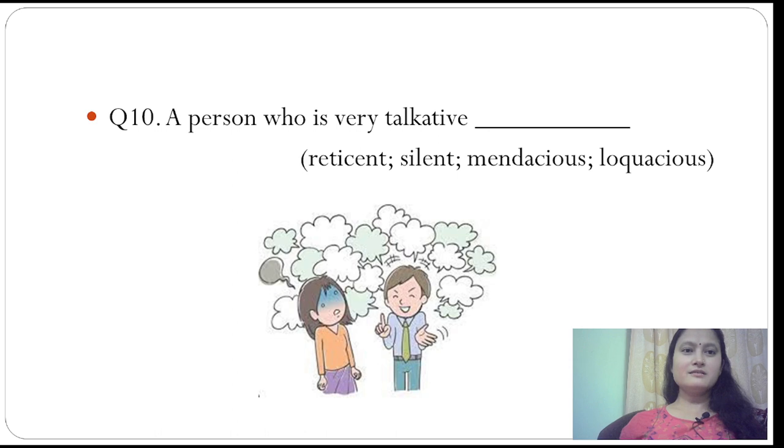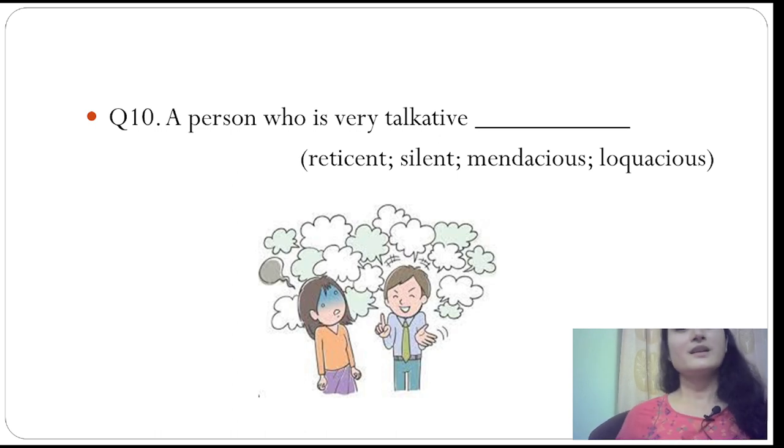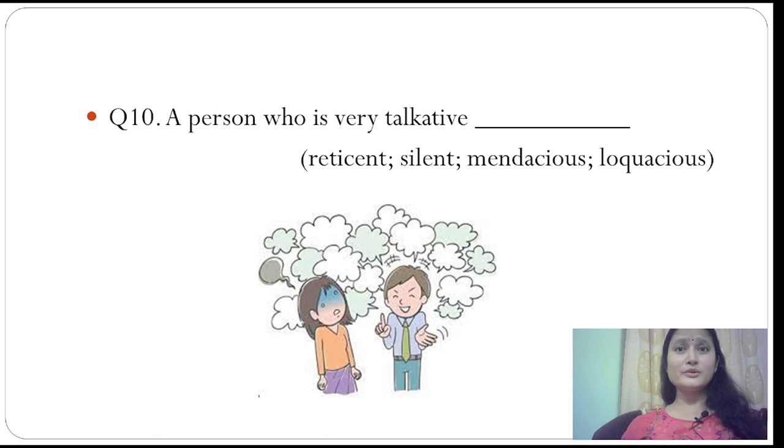Last one is a person who is very talkative. What do we call that? Okay. So I told you the word for talk, speak. Loq, L-O-Q. The last word in the option is L-O-Q. Loq means speak.